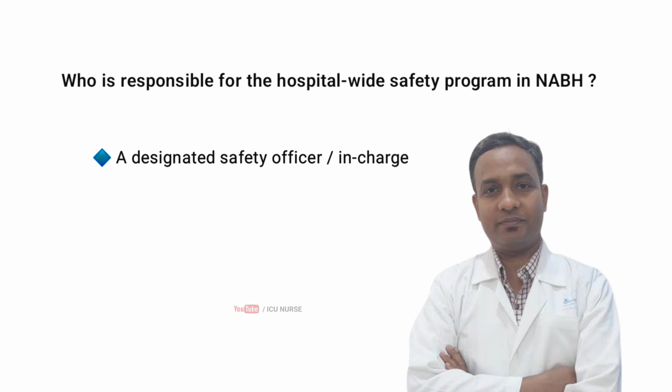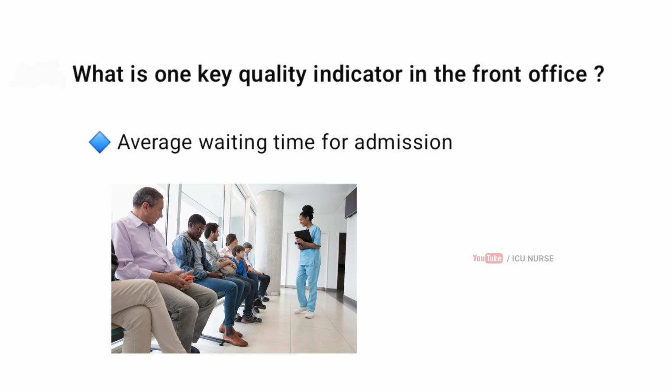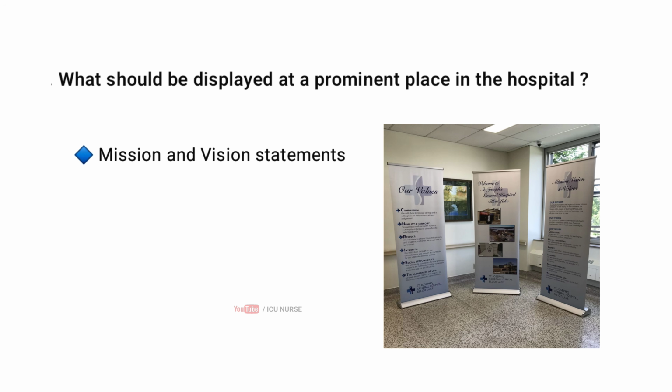A designated safety officer or in charge. What is one key quality indicator in the front office? Average waiting time for admission. What should be displayed at a prominent place in the hospital? Mission and vision statements.